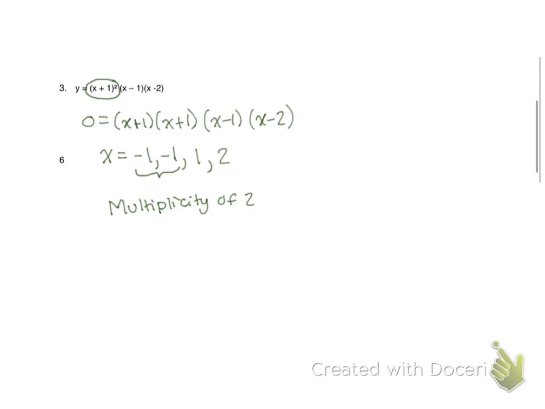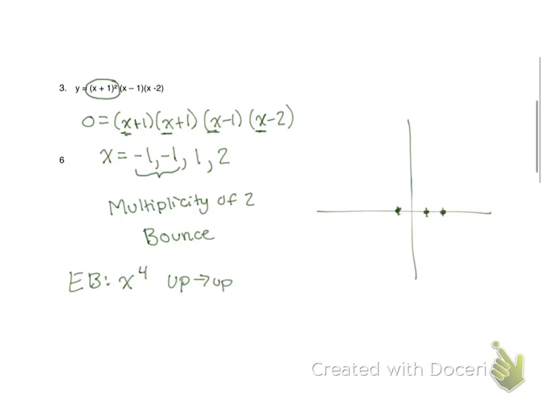What is this going to do on the graph? This is going to bounce. So if I sketch a graph at -1, +1, and +2, what is the end behavior? Multiply all of your first terms: x times x times x times x. That's going to give you x to the 4th, which is going to be up, up.